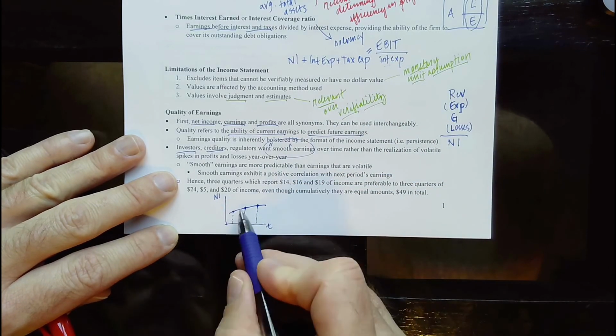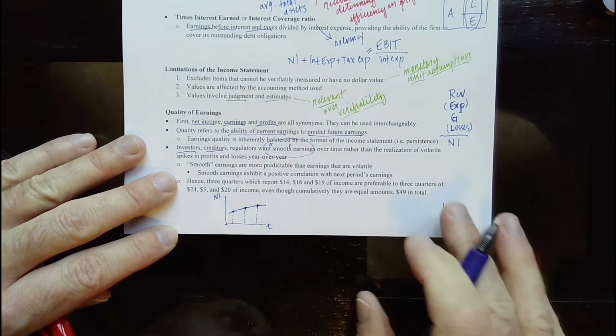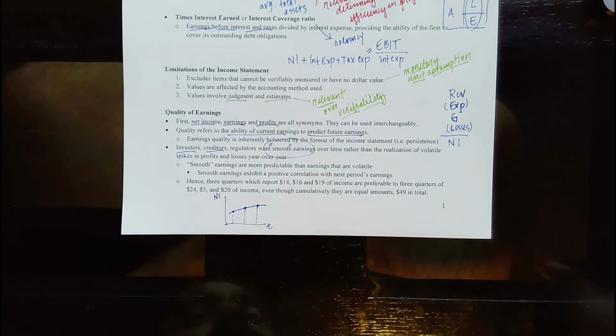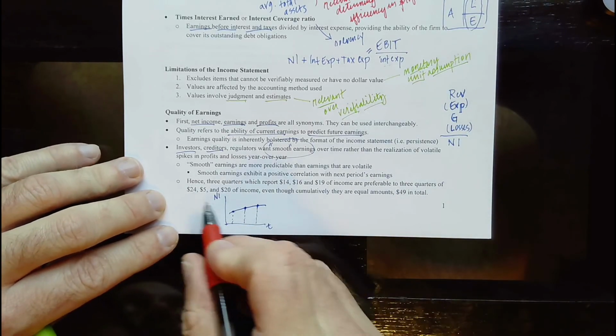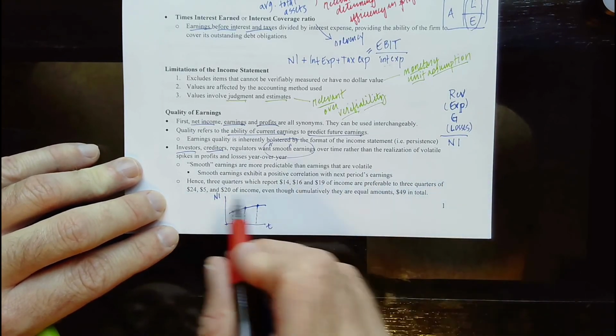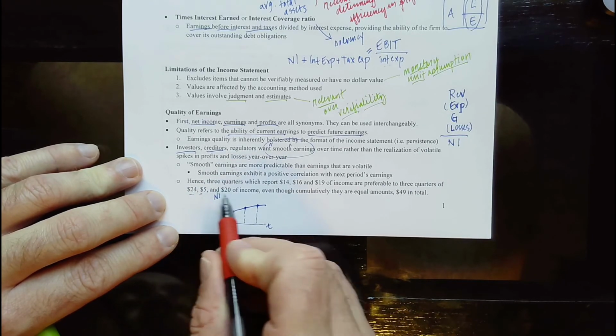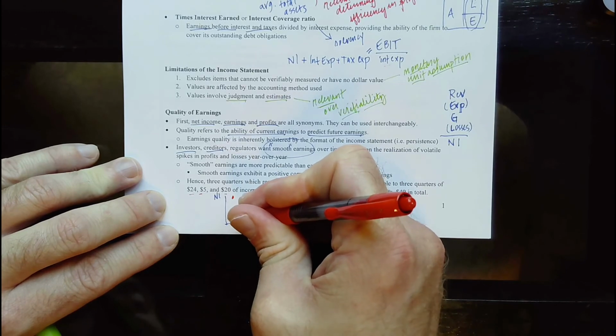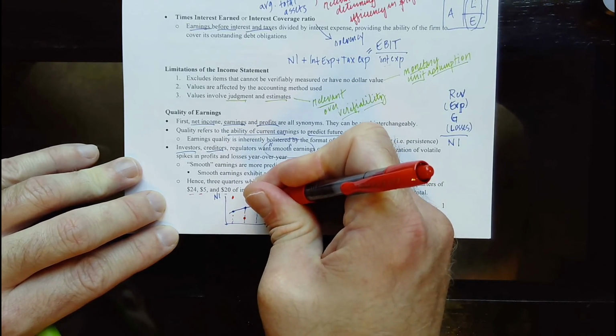I can project with some measure of success this very easy, accurate trend, versus if I had something that looked more volatile, like I have in this problem. If we have quarters of 24 down to 5 up to 20, then we're talking about something up here, something way down here, then something maybe back up here.